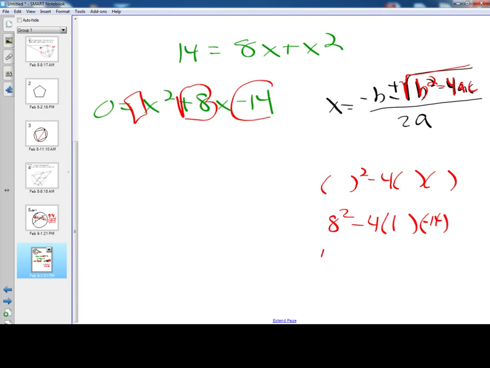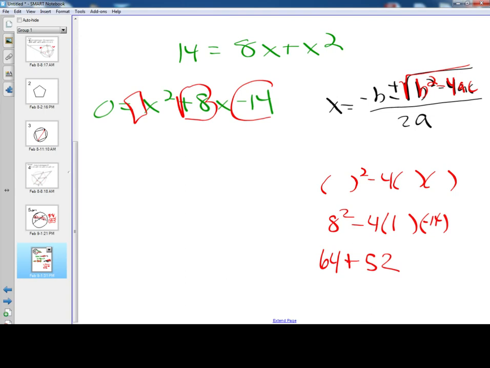8 squared is 64. Minus, what is that, 52? 4 times 14. 4 forties, and then 4 times 4 is 16.